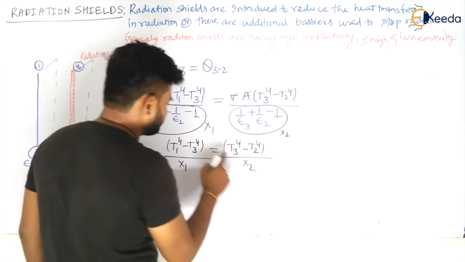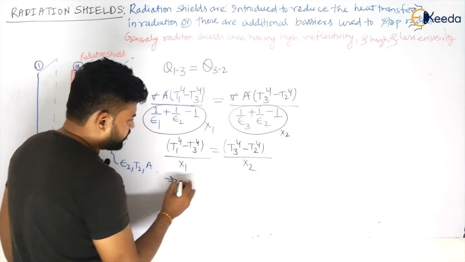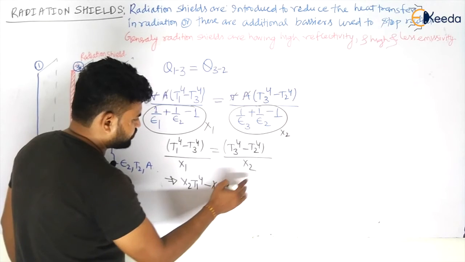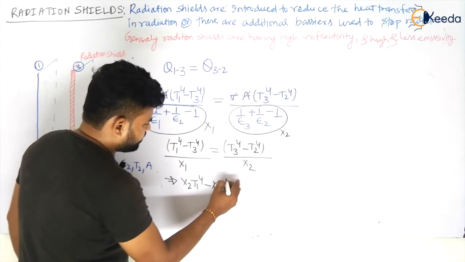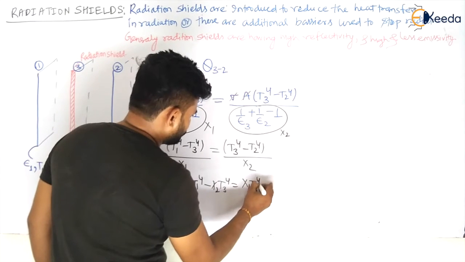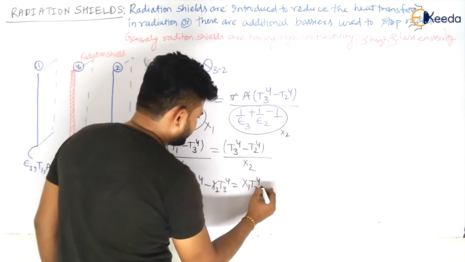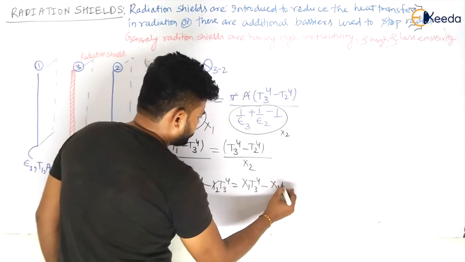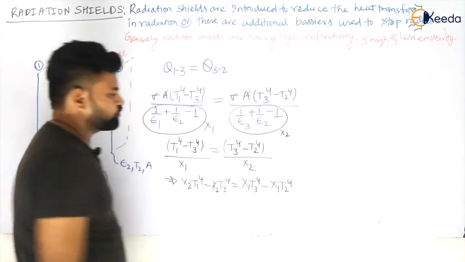Let us cross multiply. So this will become x2 T1 to the power 4 minus x2 T3 to the power 4 is equal to x1 T3 to the power 4 minus x1 T2 to the power 4. I am doing this to calculate T3 in terms of T2 and T1.